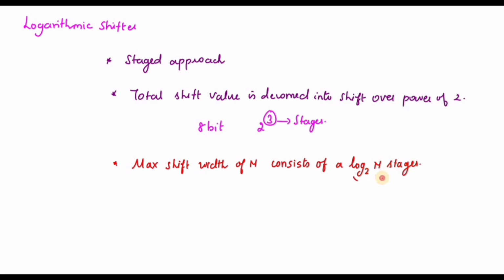Here this is 3 stages, so the m value must be 8. Here i is 0, so 2 power 0 is 1, 2 power 1 is 2, and 2 power 2 is 4. So this represents the stages.